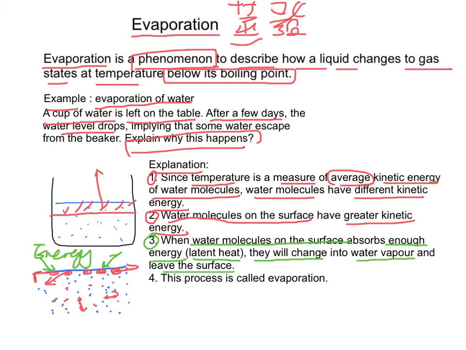That means when the water molecules on the surface absorb enough energy, they will escape from the surface. In this case, the mass of water left in the beaker decreases, and this process we call evaporation.